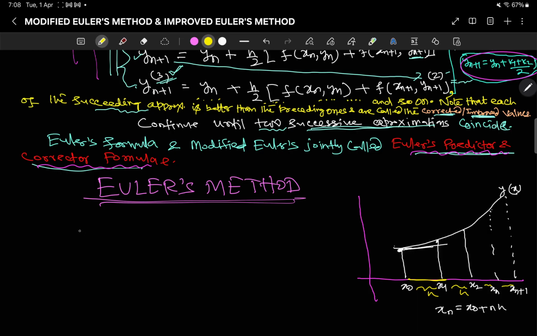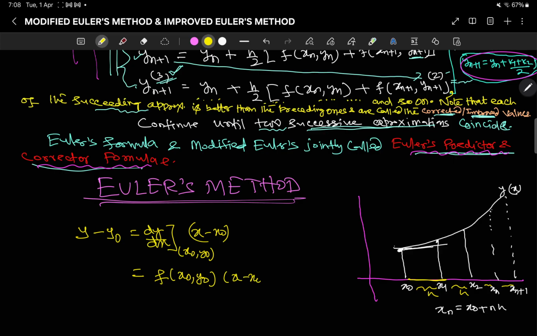So here the equation of the tangent is y minus y0 is dy by dx at the initial point, into x minus x0. This is at x0 y0, so this is nothing but f of x0 y0 into x minus x0.